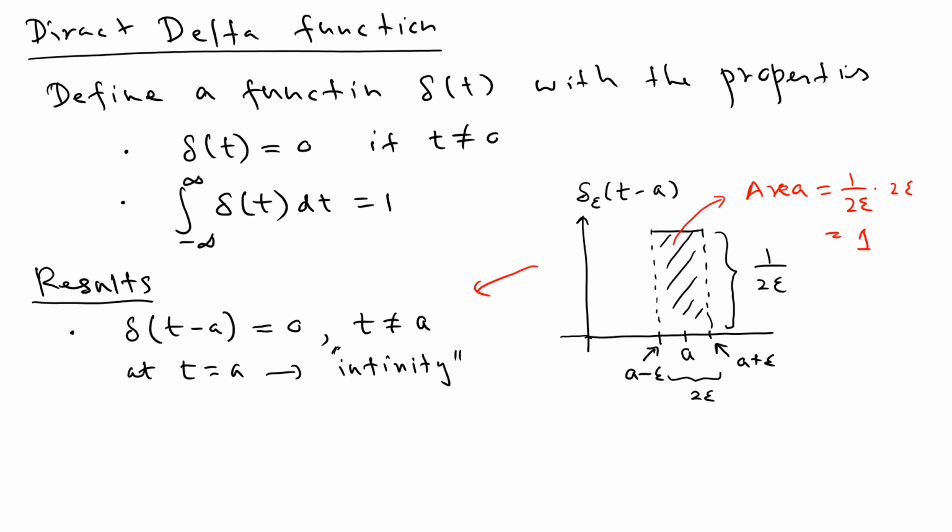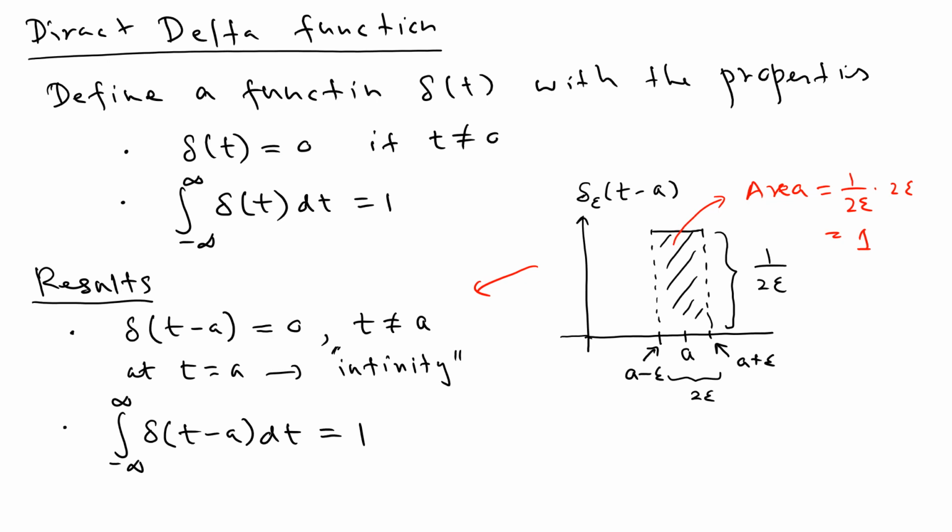And also, what other results do we have? The other one is if you integrate this function from negative infinity to infinity, that means the whole domain, delta t minus a dt equals 1. So those are the two major properties of this function. So that's how we define the function.